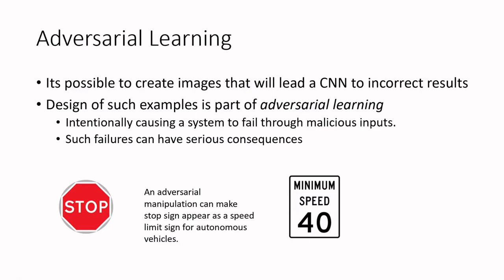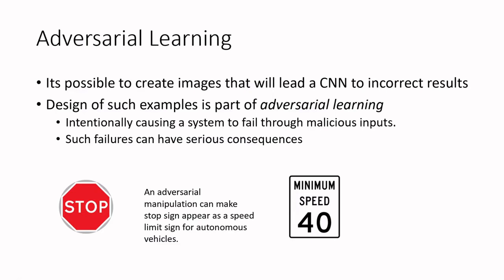So if one can poison the input, for example, if one can make minor changes to the stop sign, such that a trained convolutional neural network will not recognize it as a stop sign, but rather recognize it as a sign which says that you must maintain a minimum speed of 40 miles, then obviously you can think of all the harm that will be caused by such a manipulation of the stop sign.